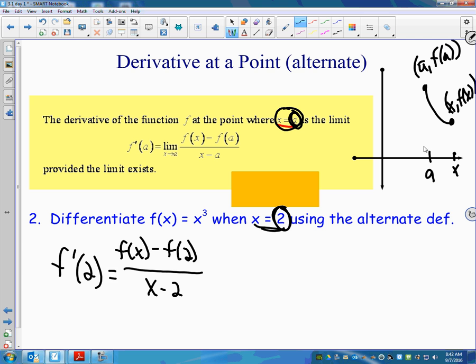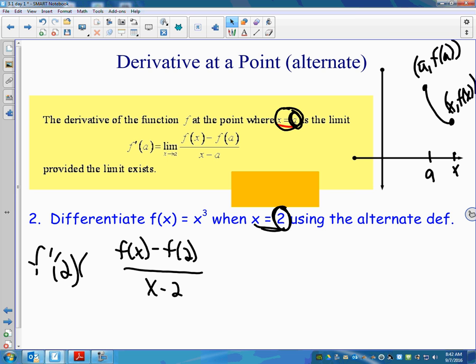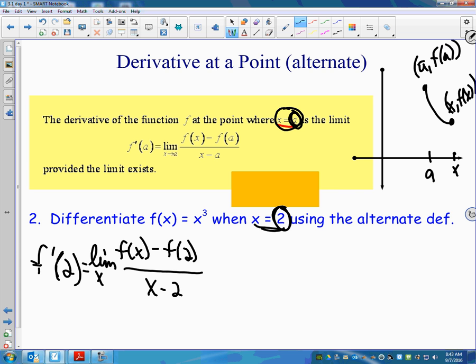Oh, I see. Yes, thank you. It's the limit as x approaches a, so it's the limit as x approaches 2. I can do that part. The limit as x approaches 2 now, because we're trying to get the a and the x values together.